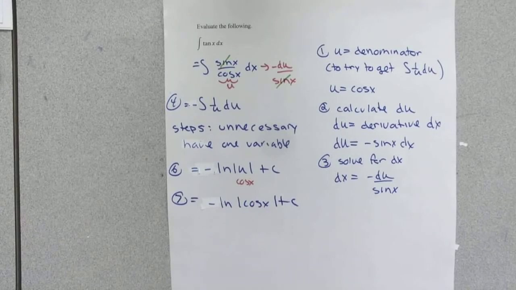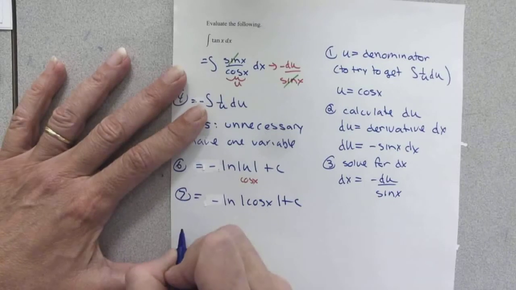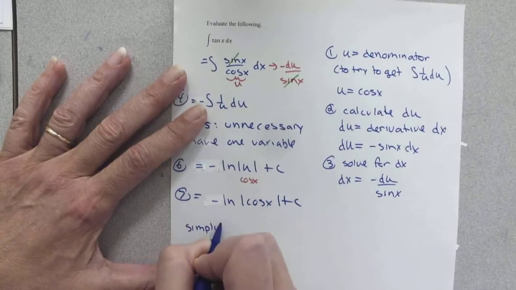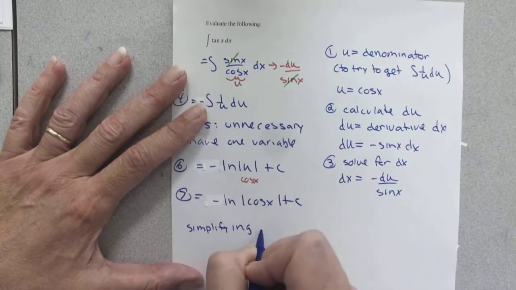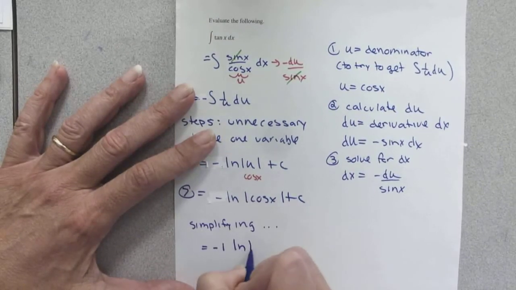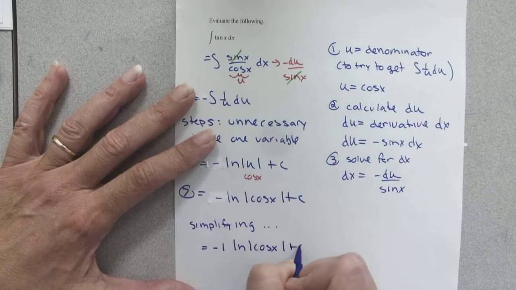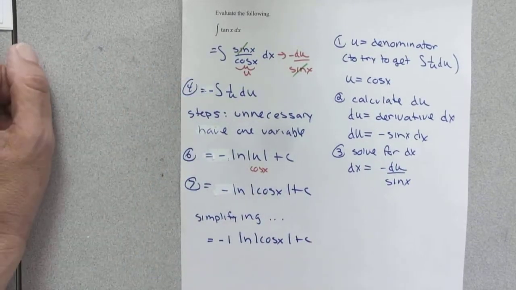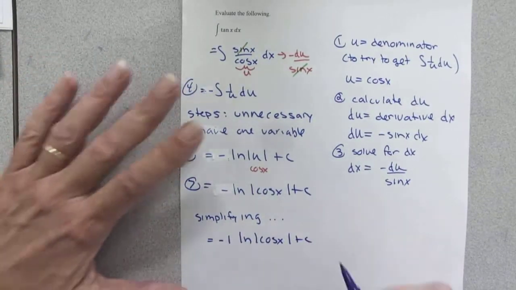Now, we can play around with this a little bit. So simplifying a little bit, that would be negative 1 times the natural log of the absolute value of cosine x plus c. Just being real specific what that negative was. Then properties of logarithms.